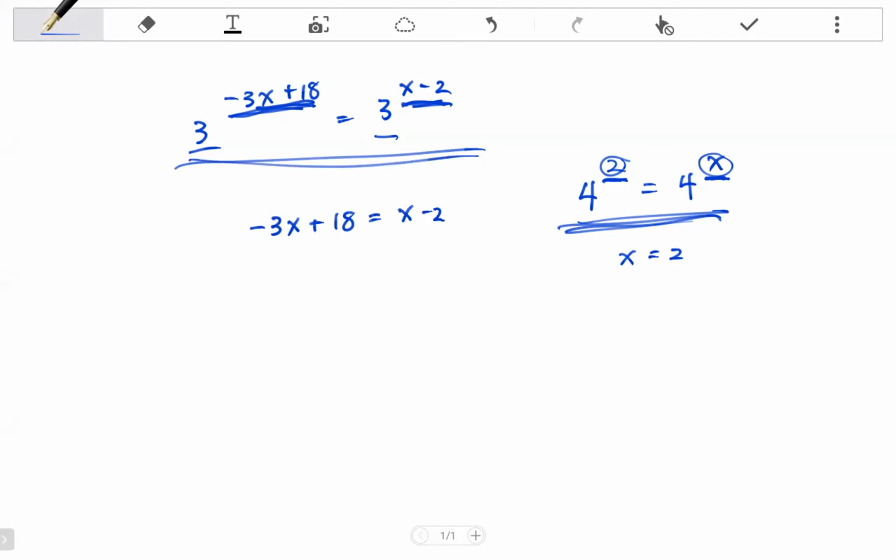And we just simplify. We can move negative 3x to the other side, leaving 4x. If we move negative 2 to the other side, we're left with 20. 4x equals 20, divided by 4, and we're left with x equals 5. And that is our answer.